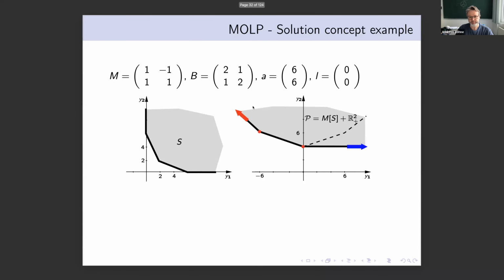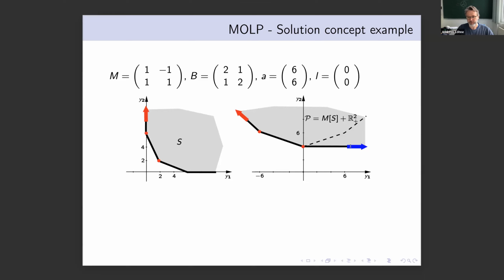This is given by these two vertices, or one V representation is given by these two vertices and these two extremal directions. But the solution concept is not in the objective space, but as usual in optimization in the origin space. And what we define as solution is for every vertex or for every point here, a corresponding point in the feasible set. For every direction here, a corresponding point in the feasible set, with one exception.